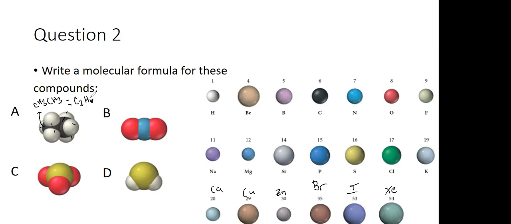Another question that I usually get: doesn't matter what order you put atoms in, like what if I answered H6C2? Is that still correct? And it is correct. It just looks odd to a chemist. Usually hydrogen goes after carbon.